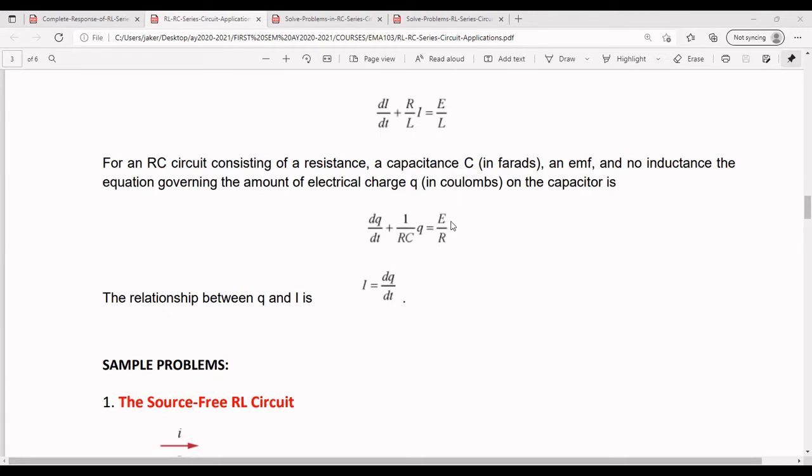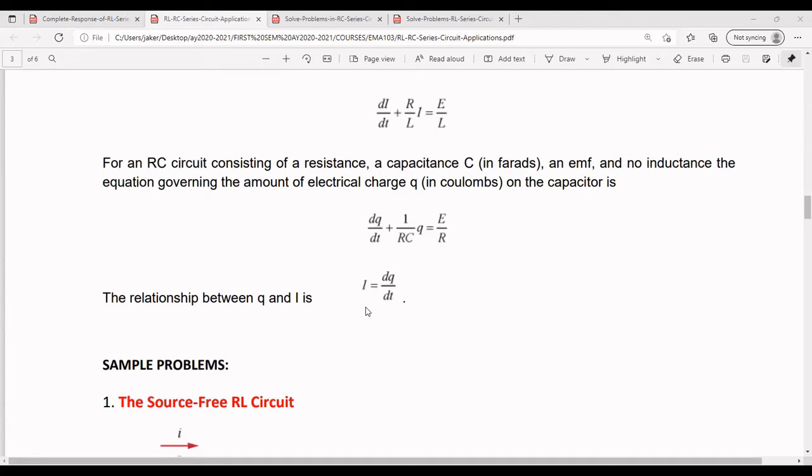It could be a constant or a function of the sine and cosine. There is a very important relationship regarding the charge Q and the current in our RC circuit. This dQ/dt, represented here in the first term, is the current passing through our RC circuit.